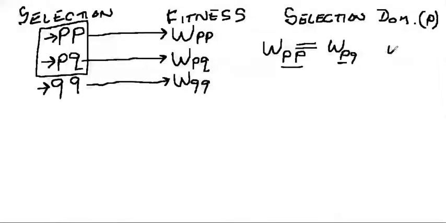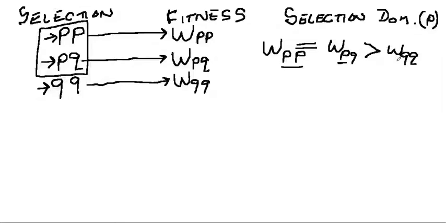But now we can contrast that to what we have at the QQ genotype's fitness. Since we are selecting for dominance, then an individual with a dominant allele must have a greater fitness than individuals without it. So we could represent it as the fitness of WPP is equal to the fitness of WPQ.